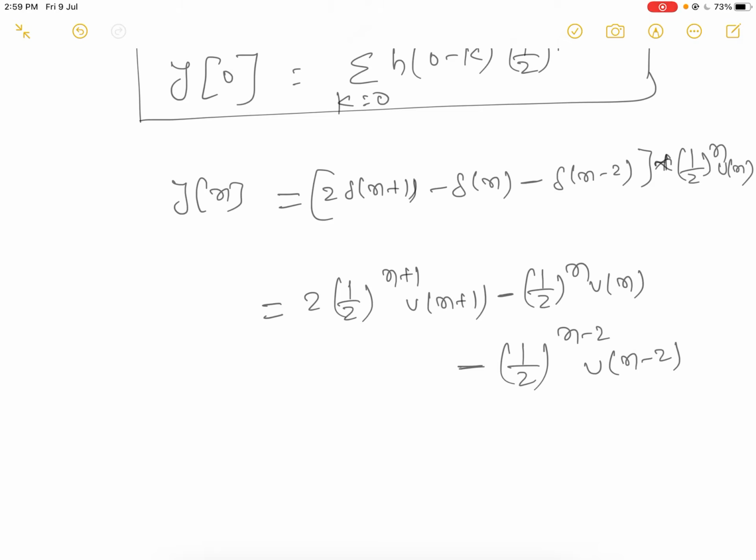Okay, now this one is y1. Put the value n equal to 0.